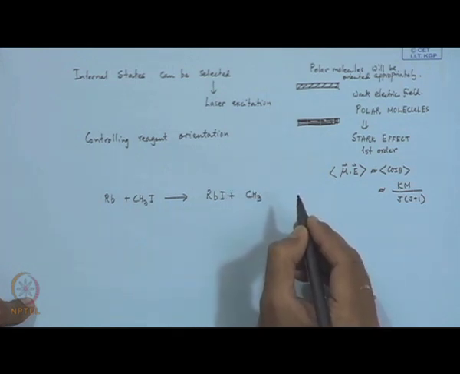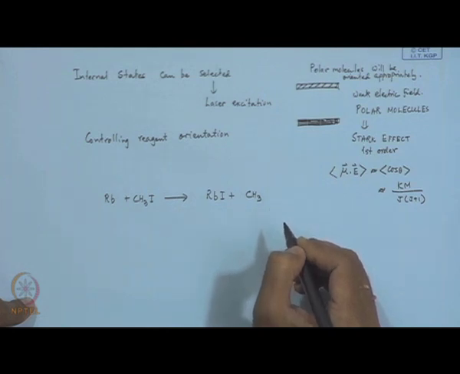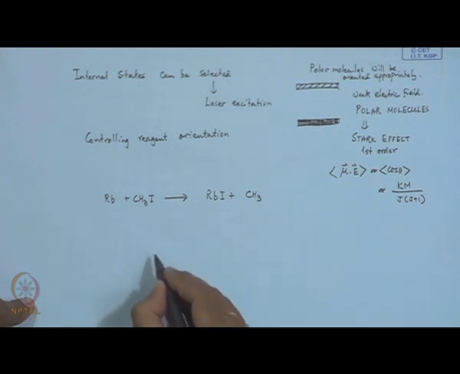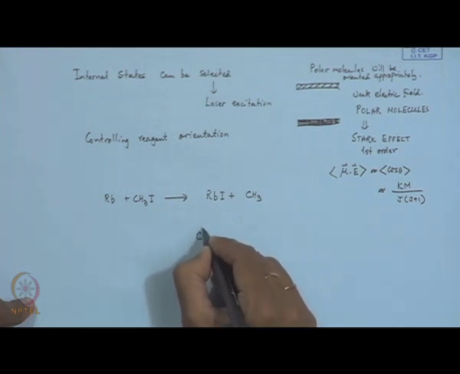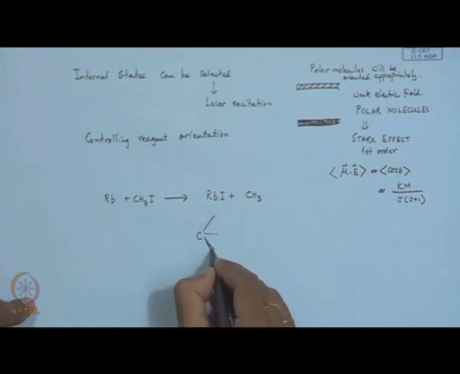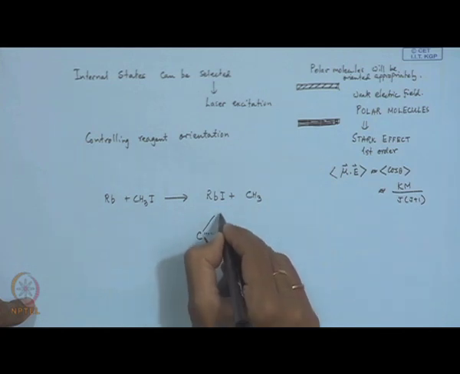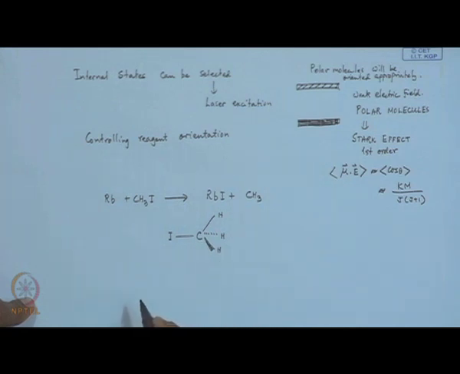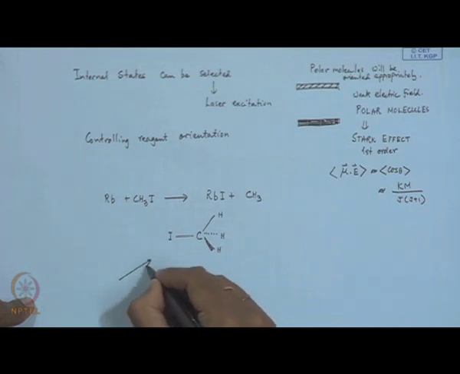Now the point is that you have got your CH3I like this, with three hydrogens and one iodine, and you have got, say, rubidium coming from this way.